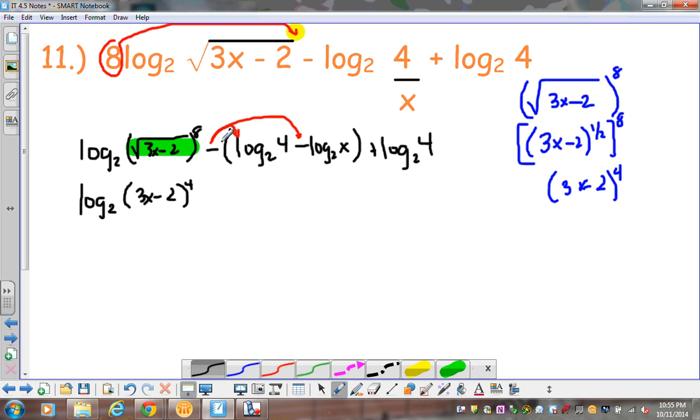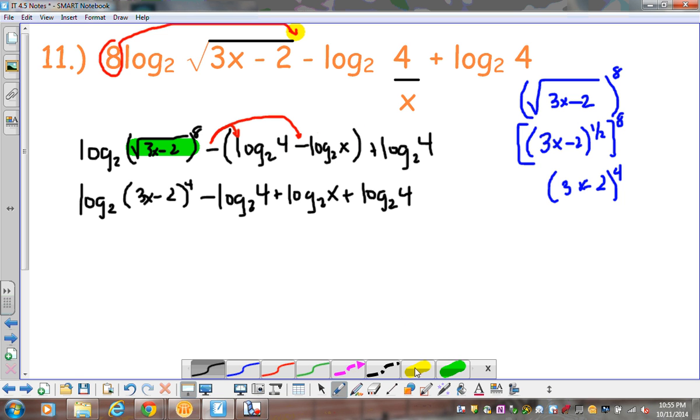Now I took my negative and I distributed it here. So let's distribute it through. I've got minus log base 2 of 4. And also I've got negative times a negative, so that'll be a positive. So plus log base 2 of x, and then plus log base 2 of 4. Because I expanded that, it makes it look a little bit prettier.